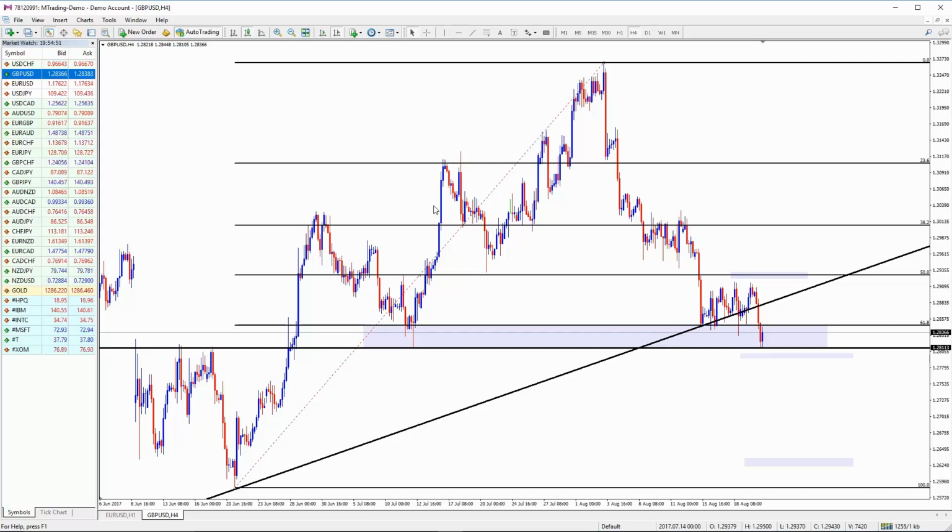The industry standard is 1%, so 1% of your account is what you allocate to a potential trade setup. If you have a $50,000 account, then $500 is 1%, or with $100,000, you look at $1,000 as your per trade risk.